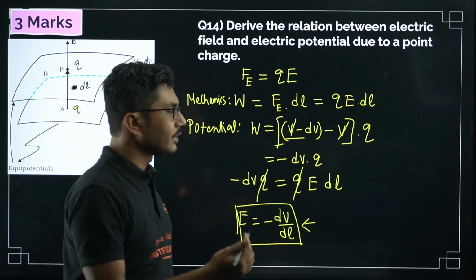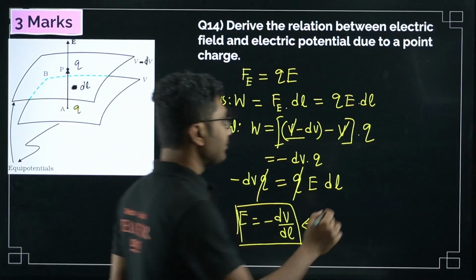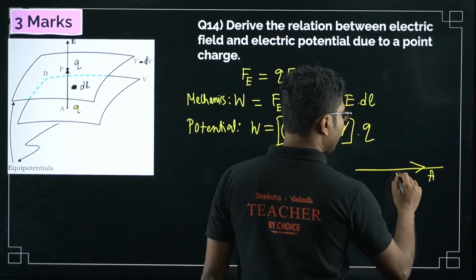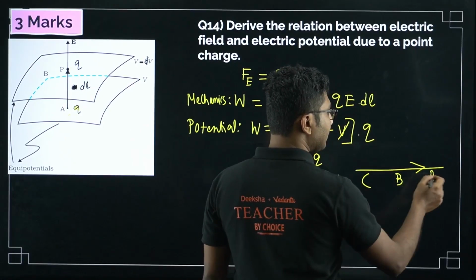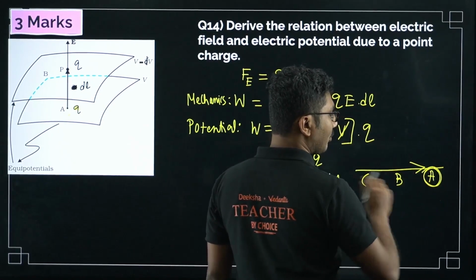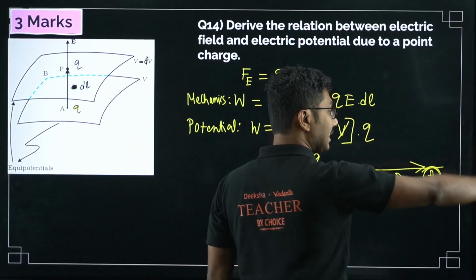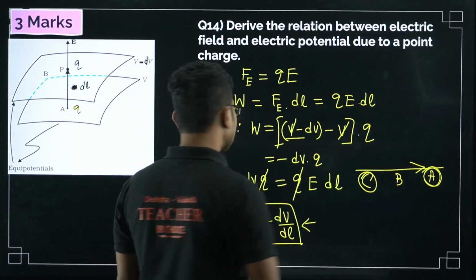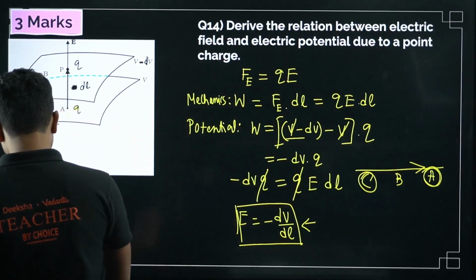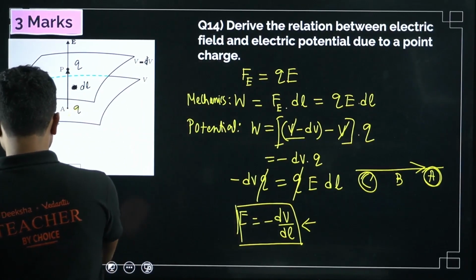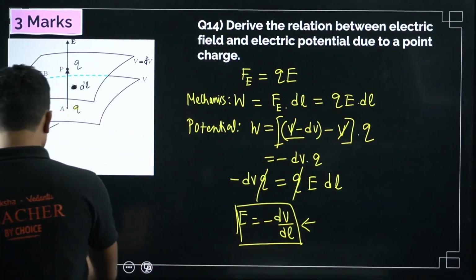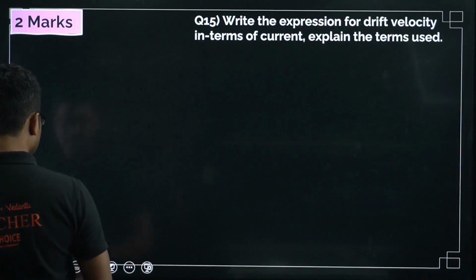Based on this concept, a lot of KCET questions come. Which point has the highest potential, A, B, C? Always remember that the point which is pointing towards the electric field will have the highest potential. This is a small KCET question that comes in the exam. Not in your PU board exam, but just for your reference I discussed it.